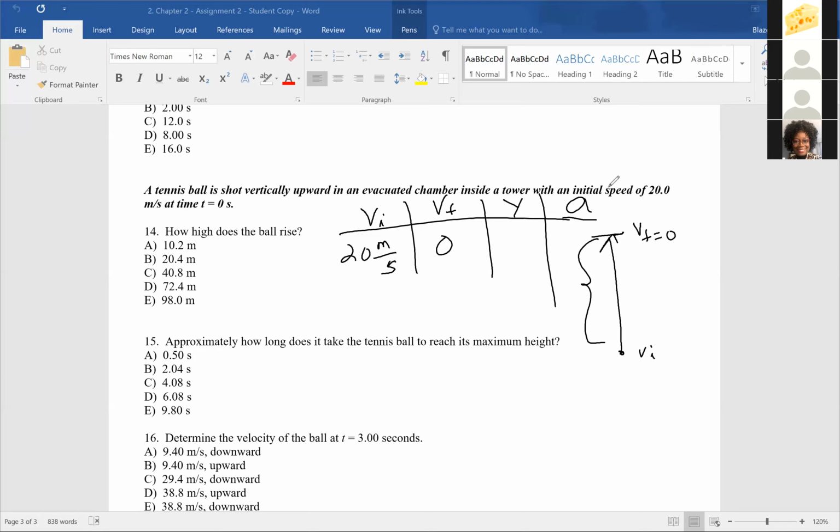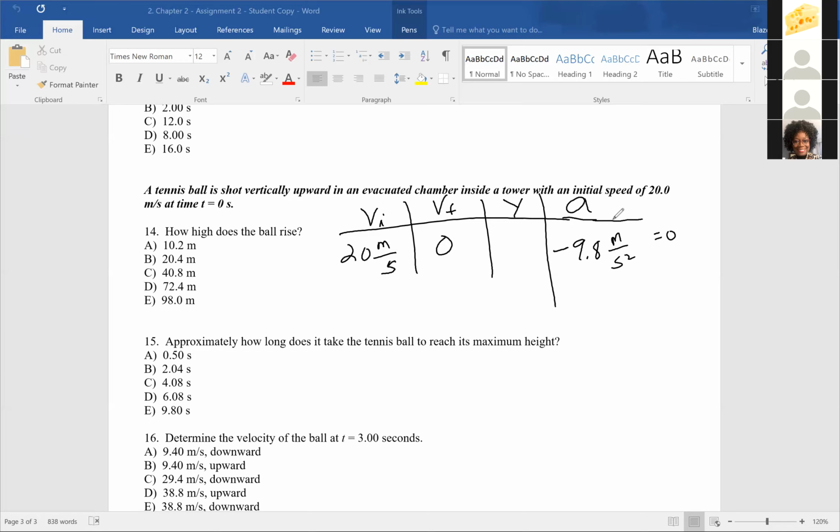Deceleration. And therefore, we've already understood that deceleration always means that value is negative. And that's why I explained to you why the acceleration due to gravity is negative 9.8 meters per second squared.